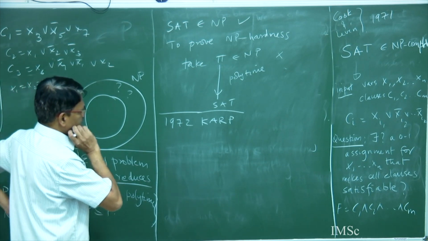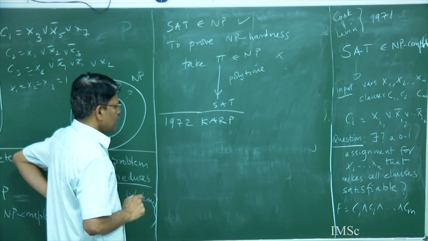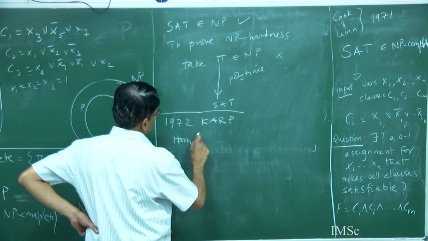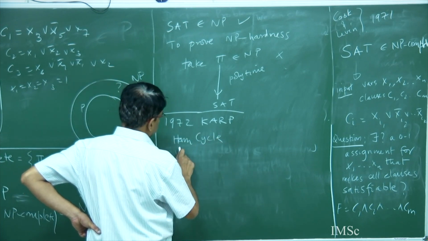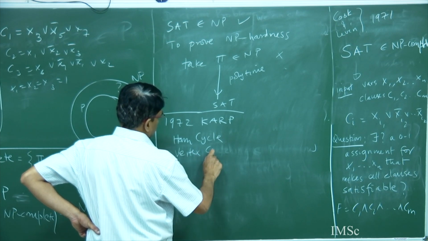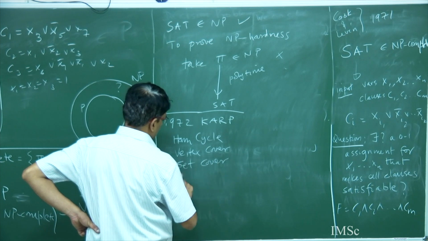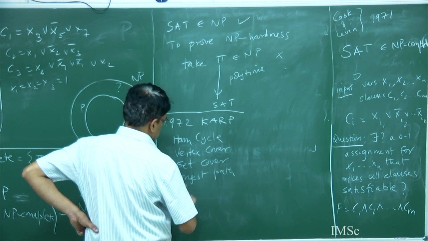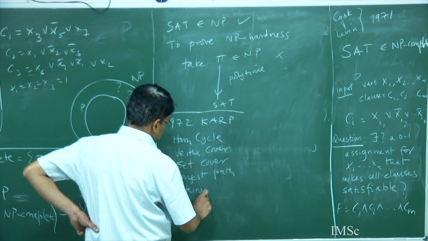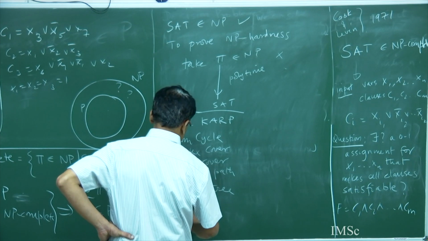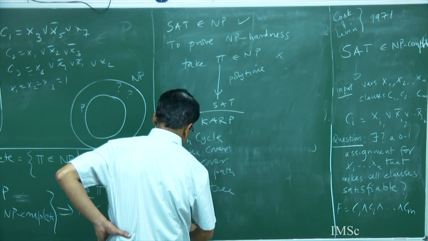So, what did Karp show? He showed a whole bunch of problems, including Hamiltonian cycle, vertex cover, set cover, longest path, Steiner tree, clique, independent set.